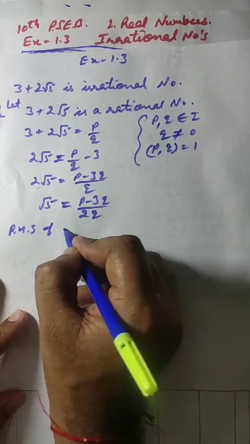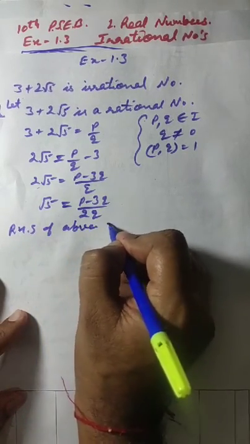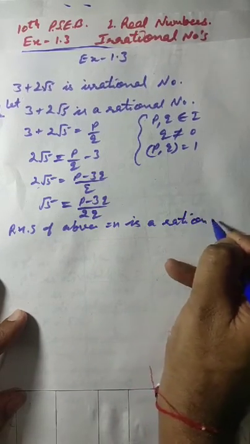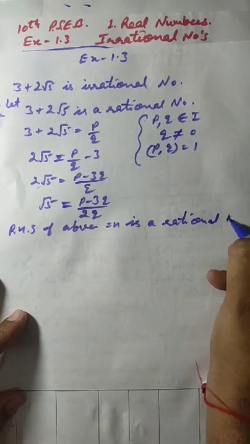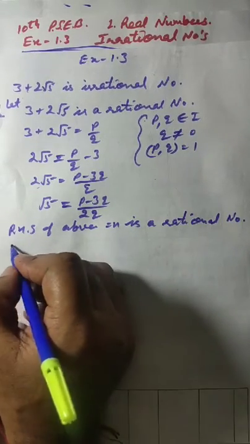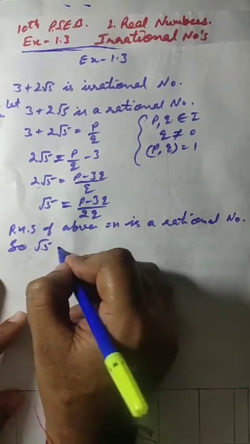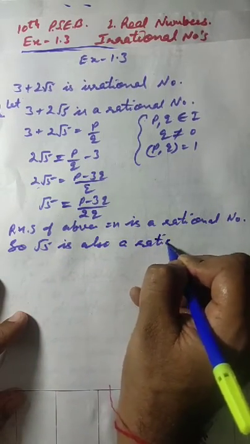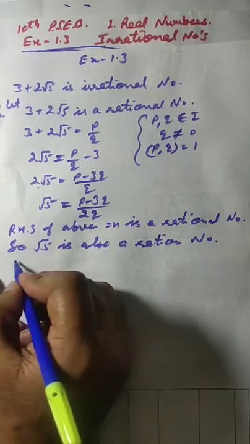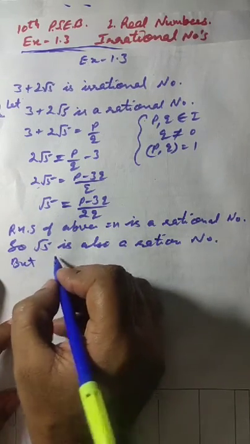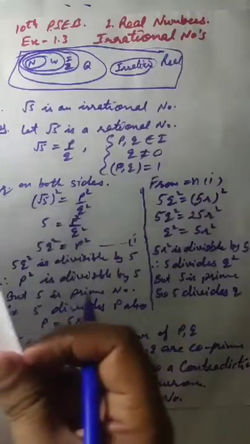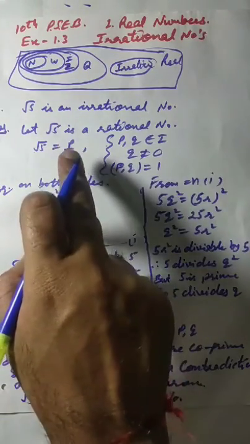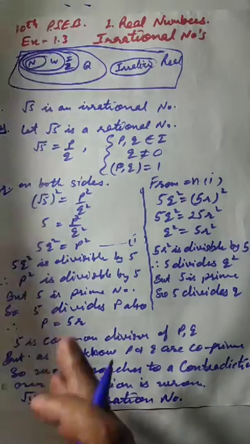The RHS of the above equation is a rational number. So root 5 is also a rational number. But we have proved in our previous question that root 5 is an irrational number.